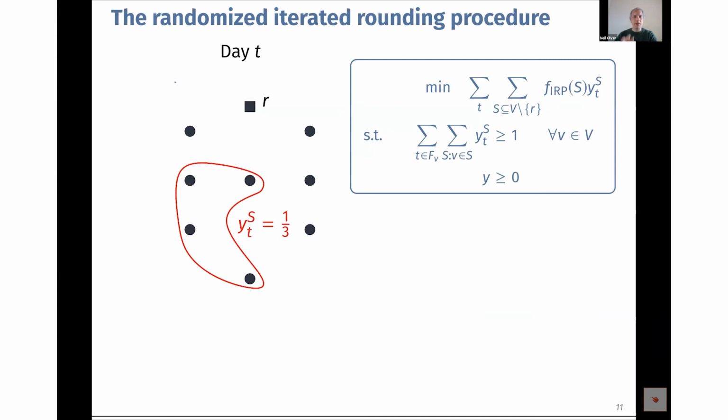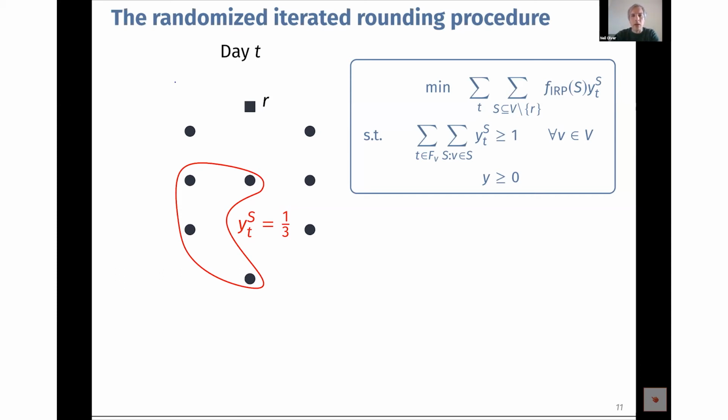Okay, so this will be somewhat hand-wavy, but I'll just give you an idea of how this works in the last 5 minutes. It's going to be a randomized iterated rounding procedure. We start with a fractional solution to this LP that I've already described.